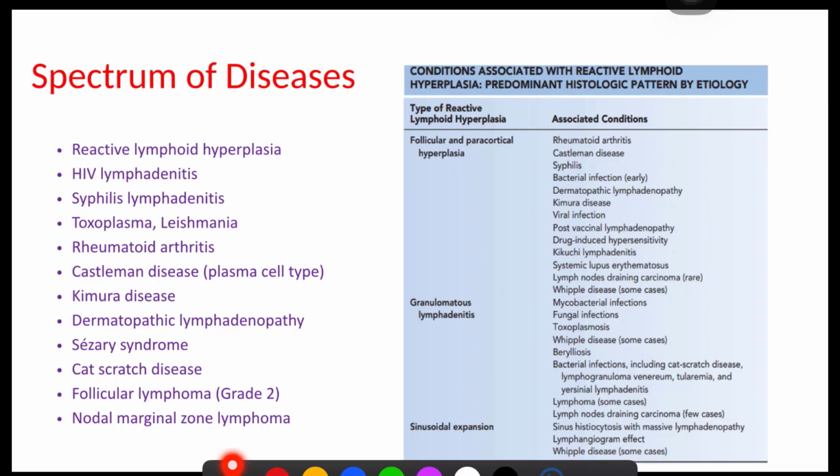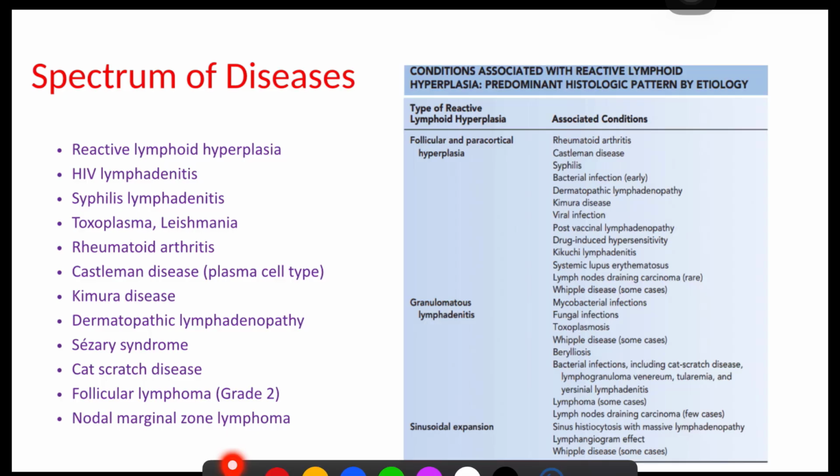Whatever the histological finding, follicular and paracortical hyperplasia means the disease is affecting mainly the follicle area as well as the paracortical area, and there is hyperplasia of that particular region. And in sinusoidal expansion, the lesions are mostly sinus histiocytosis with massive lymphadenopathy, which is known as Rosai-Dorfman syndrome, and some lymphangiogram effect and Whipple's effect.